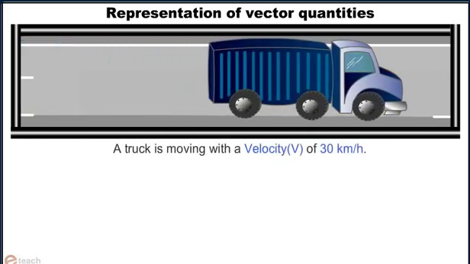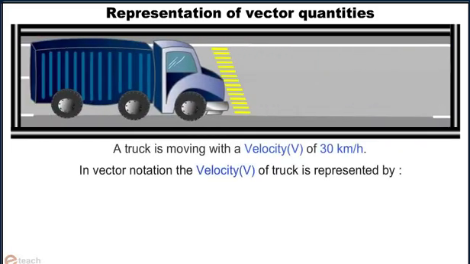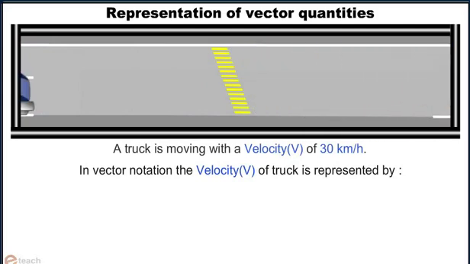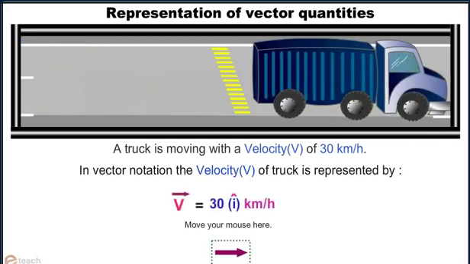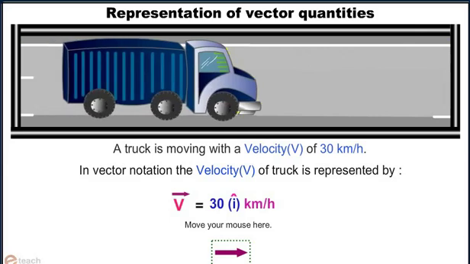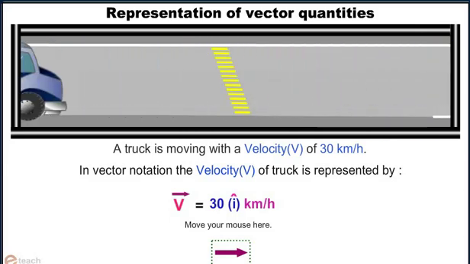A truck is moving with a velocity of 30 km per hour. In vector notation, the velocity v of the truck is represented by velocity equals 30 I cap km per hour.